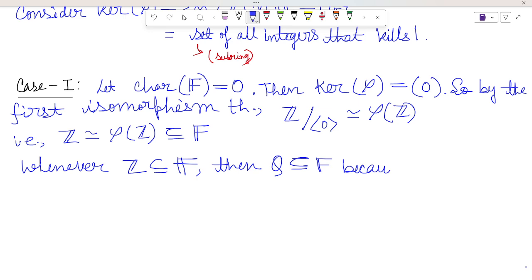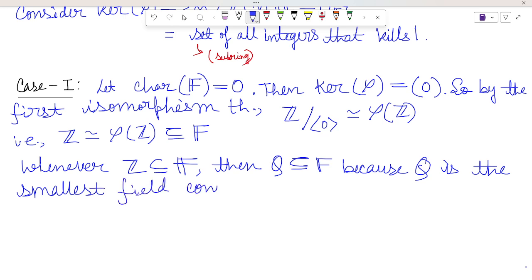Because Q is the smallest field containing Z. Okay.